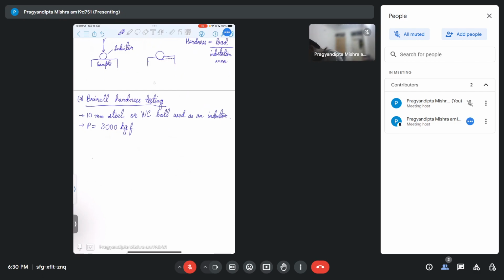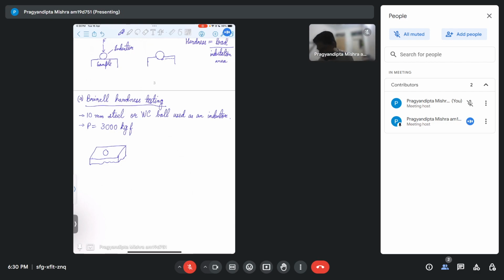Let me draw a much simpler diagram. So this is my sample. I put a circular indenter on top of it.